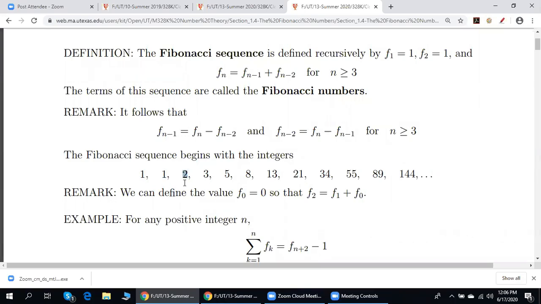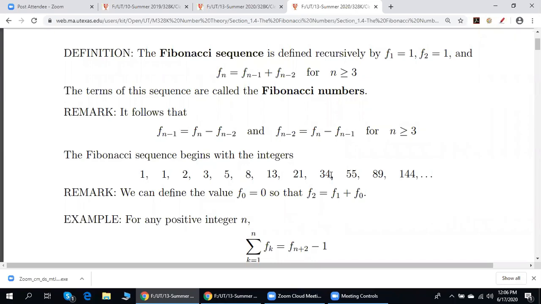Consider these two numbers, 1 and 2. Obviously, the greatest common divisor of 1 and 2 is again 1. The greatest common divisor of 2 and 3 is 1. Of 3 and 5 is 1. Of 5 and 8 is 1, and so on.